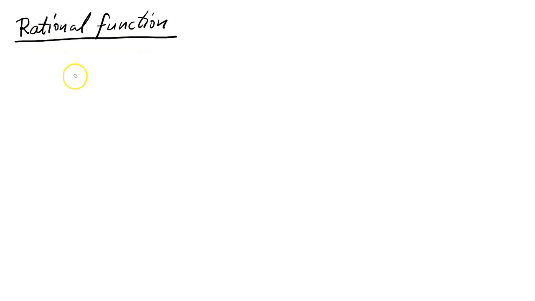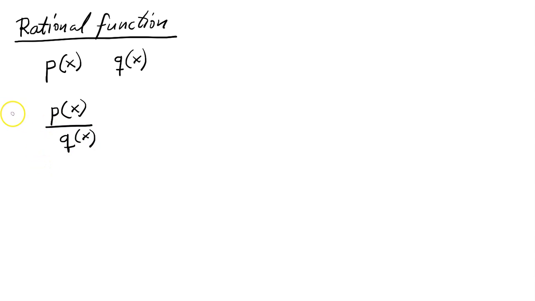Having defined a polynomial, we can now define a rational function. So if we have two polynomials, let's call them p(x) and q(x). If we make the quotient between these two, then this is an example of a rational function.